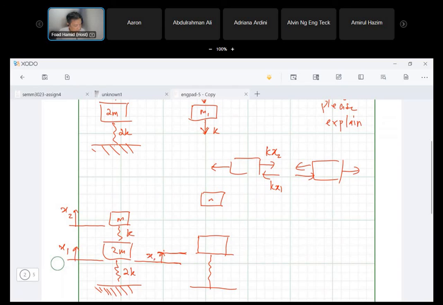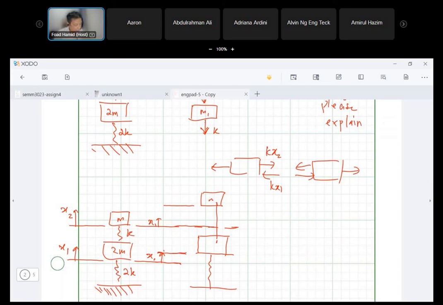This is my x1. Note that if I put a link between the mass on the top and the mass on the bottom, and the bottom moves by x1, the top one also moves by x1, right?